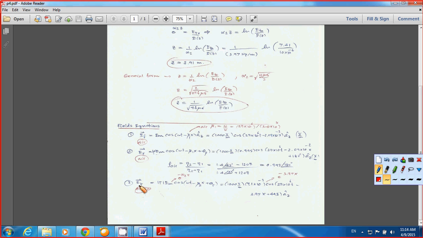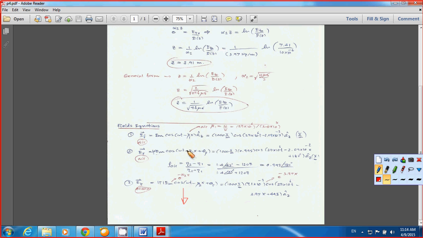Now for ET, you multiply the magnitude of the transmission coefficient by EM, and since your alpha 2 is not equal to 0, you need to multiply by exponential negative alpha 2 x, and it's still moving in the positive direction here. But for ER, you don't have this term, right? Because in medium number 1, your alpha 1 is equal to 0. That's why you don't have exponential negative alpha 1 x right here.